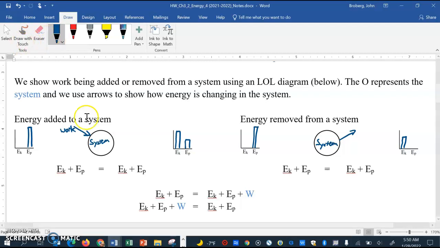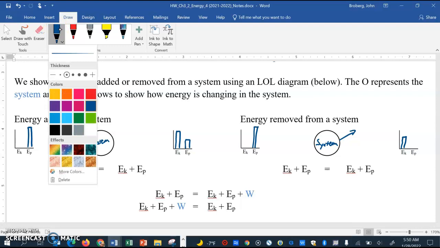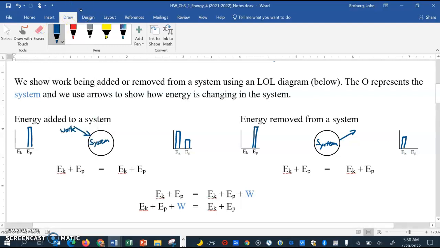But how we represent an equation is an important thing. So I have two equations down here, and one of these equations represents work being added to the system. And keep in mind, usually when we do these things, we're talking about things that are happening before and after.